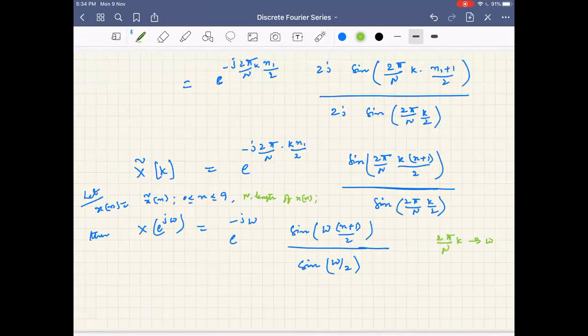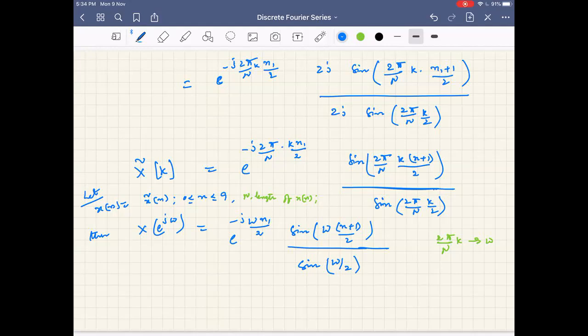After doing this, you can see the analogy, e power j into N minus 1 by 2. This is what you get for X of e power j omega. So it appears that x tilde of k is a sampled version of X of e power j omega, with samples at omega equal to 2 pi k by N.